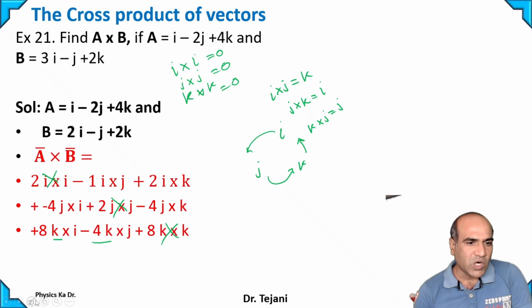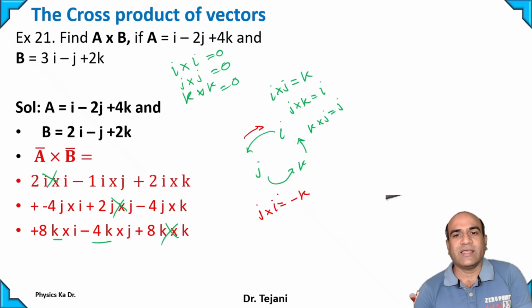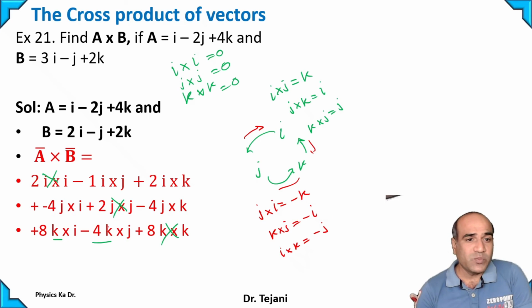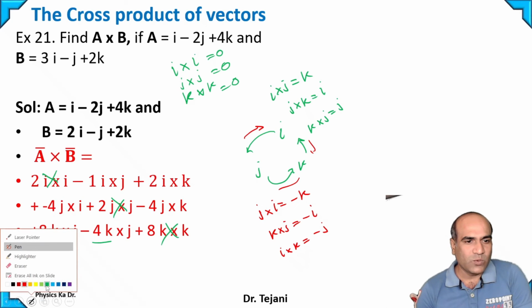But if we move in the opposite direction, j cross i is equal to minus k. Similarly, k cross j is equal to minus i, and i cross k is equal to minus j. We need to put all these values here.